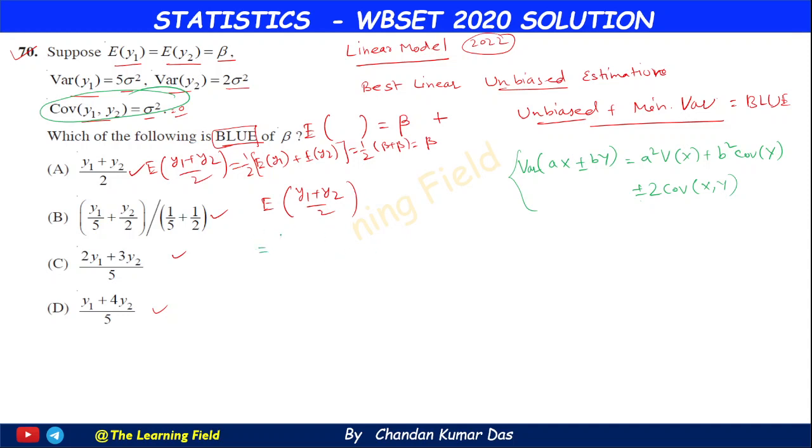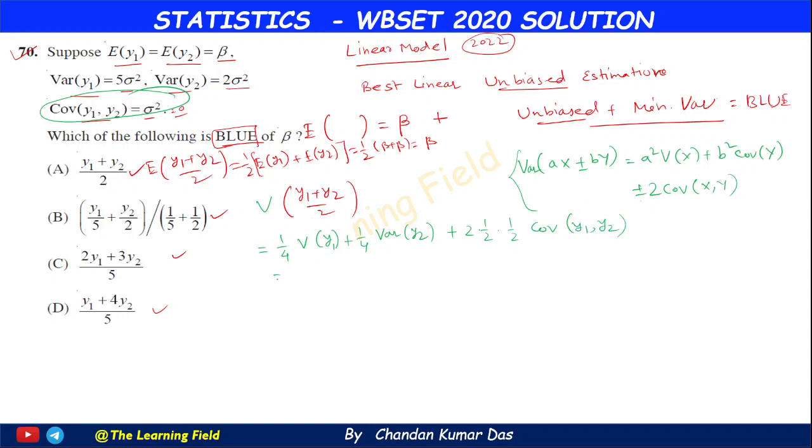So we find the variance of this, which is equal to 1 by 4 variance of y1 plus 1 by 4 variance of y2, since the a and b values are 1 by 2 and 1 by 2, plus 2 into 1 by 2 into 1 by 2 covariance of y1 and y2.